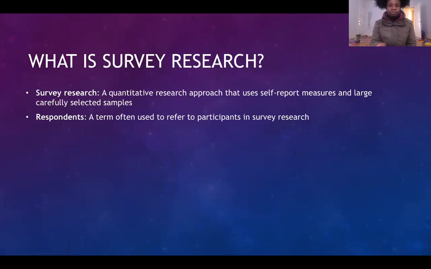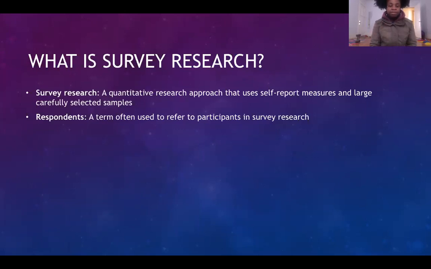In this chapter, Paul Price defines what survey research is, including its 2 important characteristics, and then describes some of the ways that survey research is used and gives examples. So what is survey research? Survey research is a quantitative approach that has 2 important characteristics.